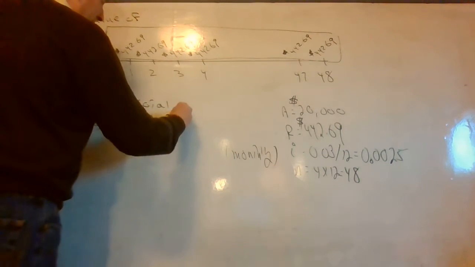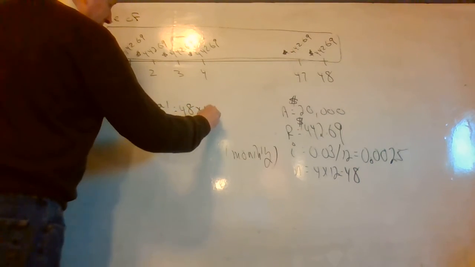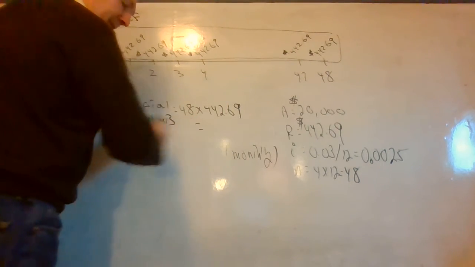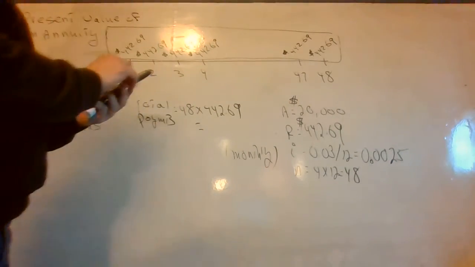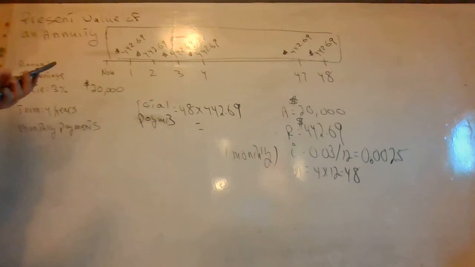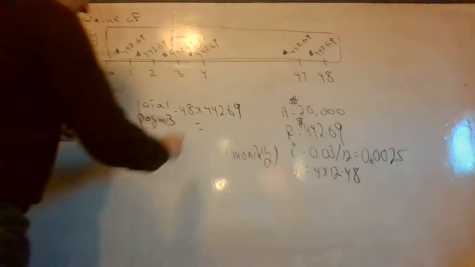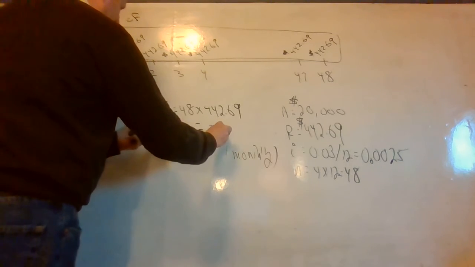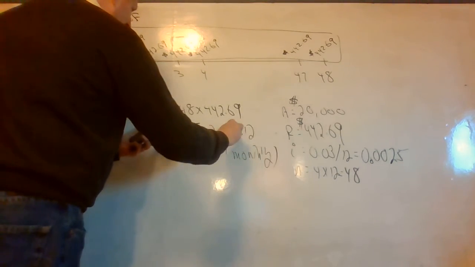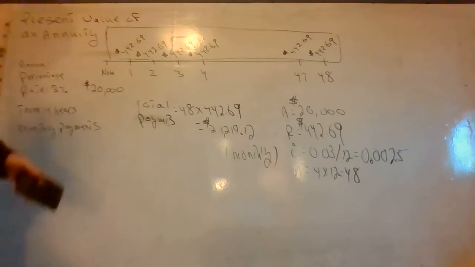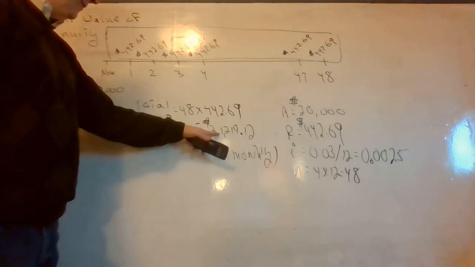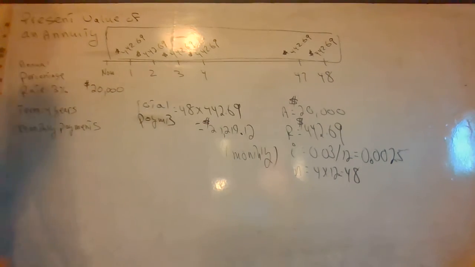And that's going to be 48 times 442.69 equals, I have to reach for my calculator, excuse me here for a second, 442.69 times 48 equals, and that gives me 21,219.12. So you're borrowing 20,000, and you're giving them a total of 21,219.